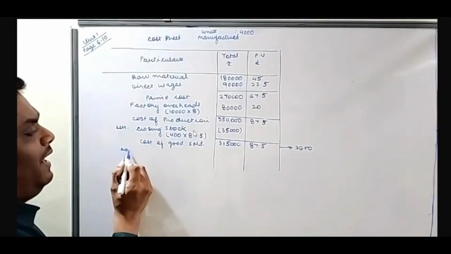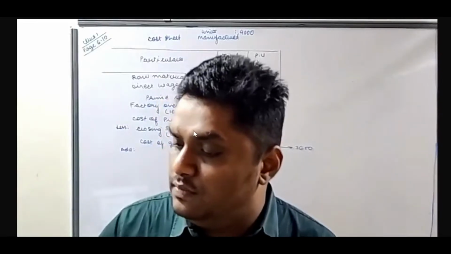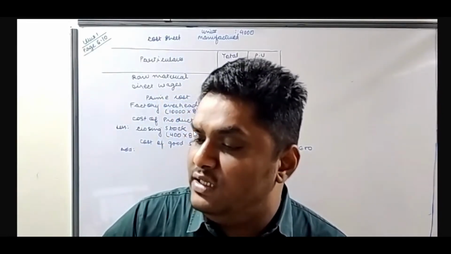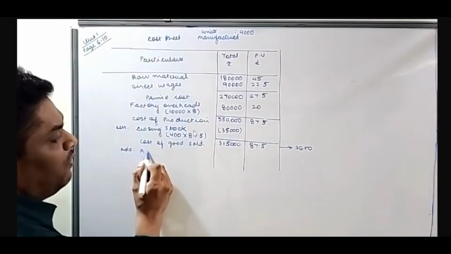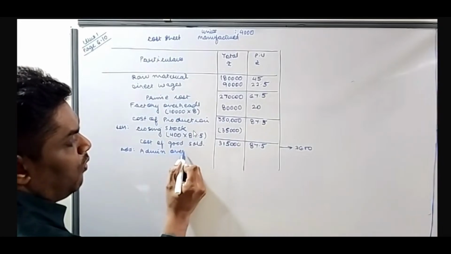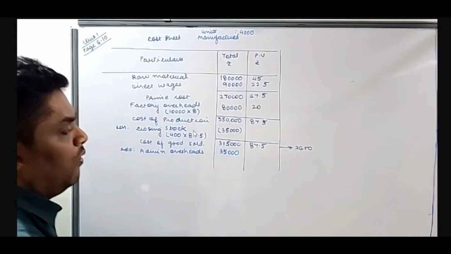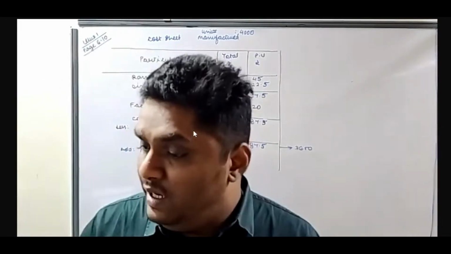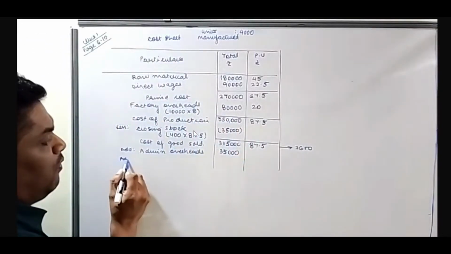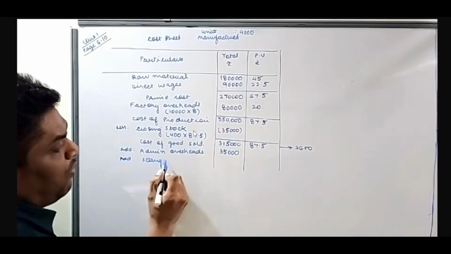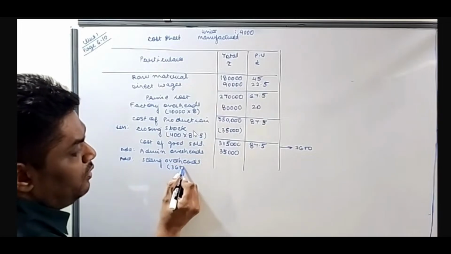Now in this, we will add all the administration, selling and distribution cost. So administration overheads are given in the question. That is, it is 35,000 and it is general administration overhead. The selling overheads are given. It is 5 rupees per unit. So how many units sold? 3,600 units sold into 5.